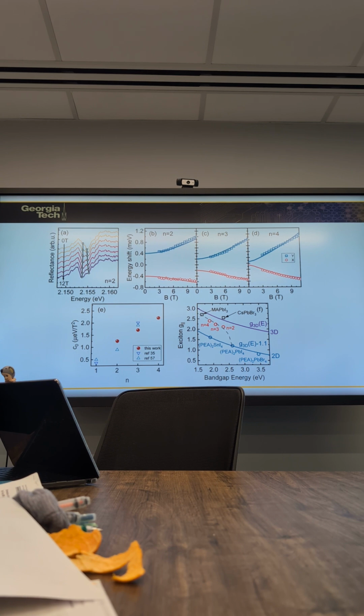And then in graph B, when you have N2, N3, and N4, the energy shift between X and Y decreases. Why? Because we don't have as much splitting energy when we increase the dimension of the perovskite.